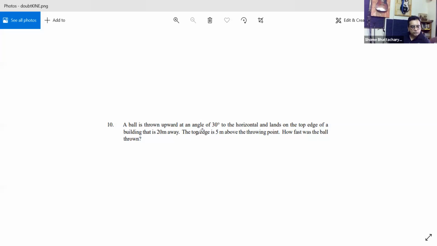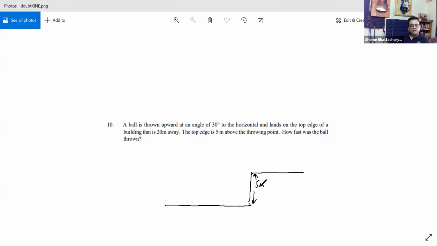A ball is thrown upwards at an angle of 30 degrees to the horizontal and lands on the top edge of a building that is 20 meters away. How fast was the ball thrown? So the basic diagram is something like this. This is 5 meters above.